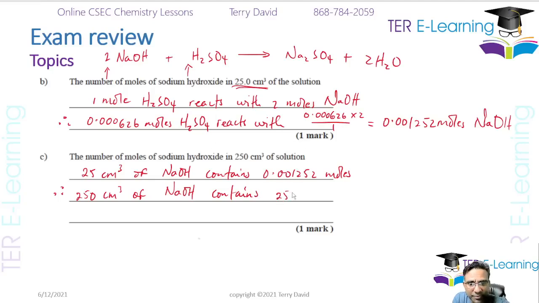So it's going to be 250 multiplied by 0.001252 divided by 25, and that's going to give me 0.01252 moles, right? So that's the number of moles of sodium hydroxide in 250 cm cube.